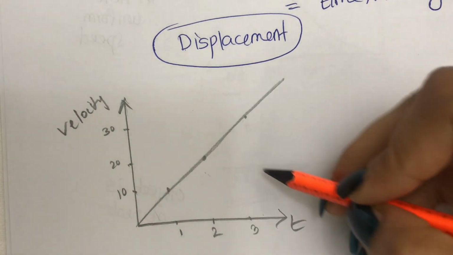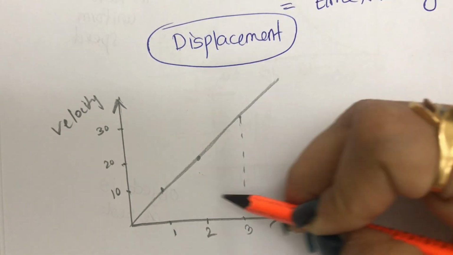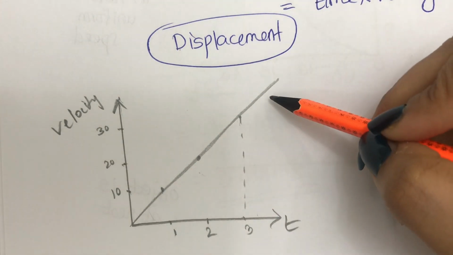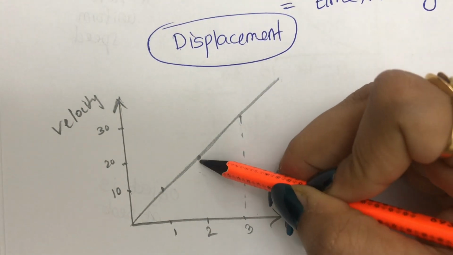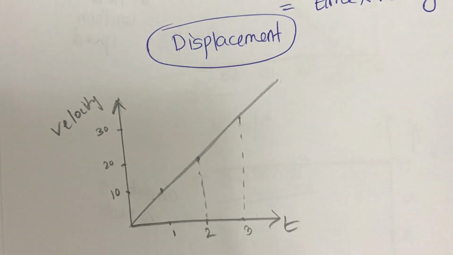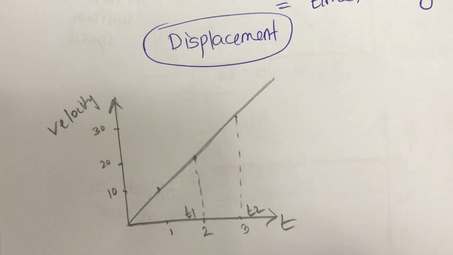So here I need to find, for example, we told that the area under the graph gives the displacement, right? So for example, this is time, this is t2 and this is t1.